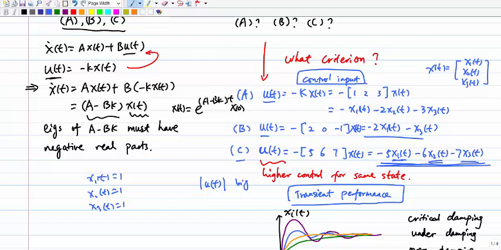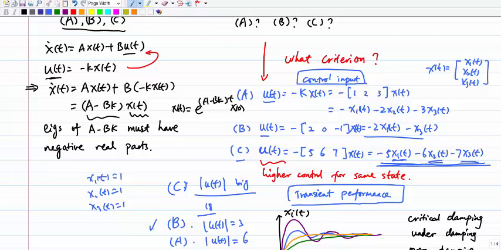Here the absolute value of the input is 18 basically, so it's pretty big. For B, the input will be negative 2, the absolute value of u(t) will be just 3. For A, the absolute value will be just 6.